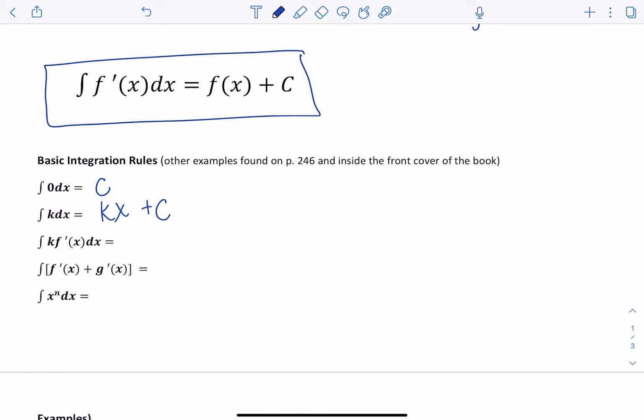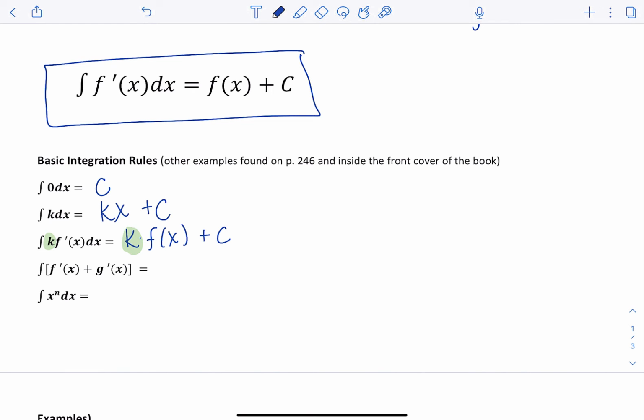It's just k. And for any other function, the antiderivative will be k times that function f of x plus c. So if there's a constant in front, it's just going to tag along. It's just going to stay in front of the function. You don't have to do anything with it except keep it around.